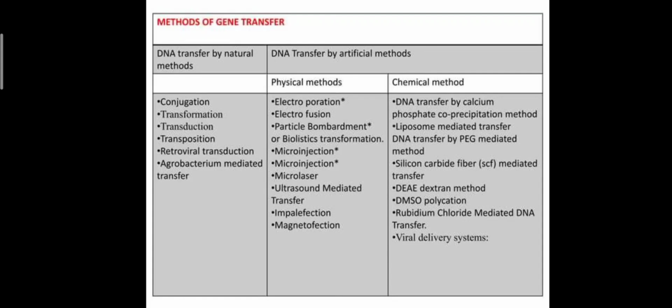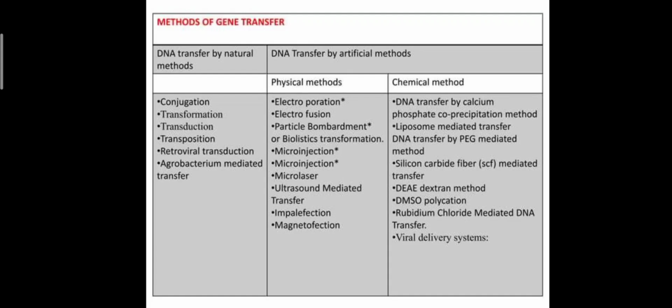The physical methods are electroporation, electrofusion, particle bombardment, microinjection, microlaser, ultrasound mediated transfer, amplification, and magnetofection. Another one is chemical methods, that is DNA transfer by calcium phosphate co-precipitation method, liposome mediated transfer, DNA transfer by PEG mediated methods, silicon carbide fiber mediated transfer, DEAE dextran method, DMSO polybrene, and etc.